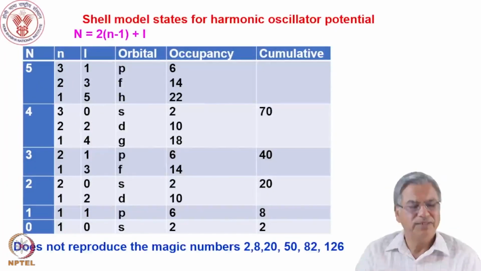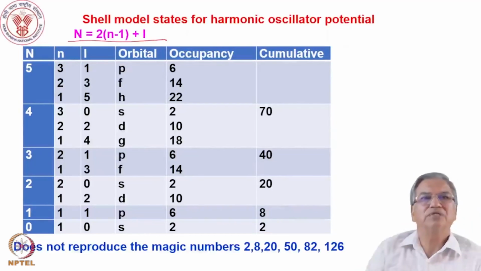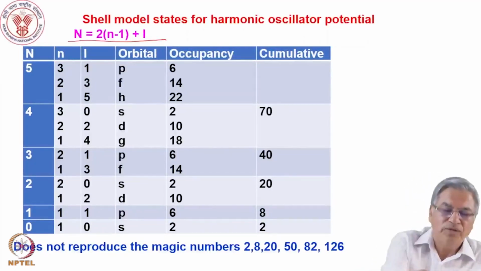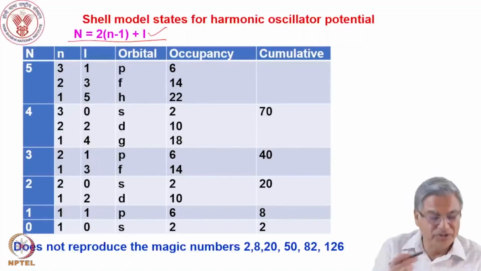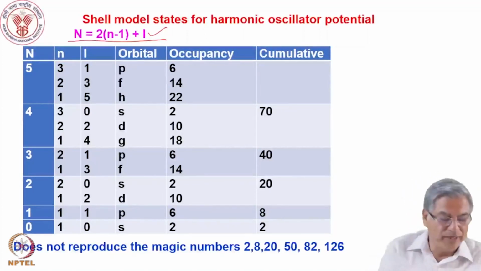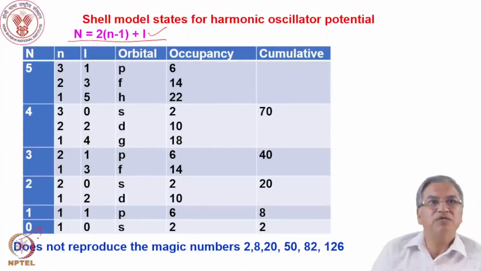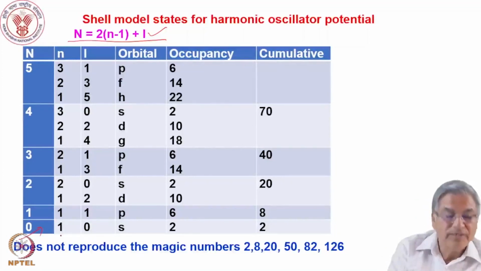So let us now try to generate these shell model states for a harmonic oscillator. We'll try to fill the values of small n and small l, which will satisfy this condition, starting from capital N equal to 0. So for the ground state of the oscillator, you can see here small n equal to 1, small l equal to 0.